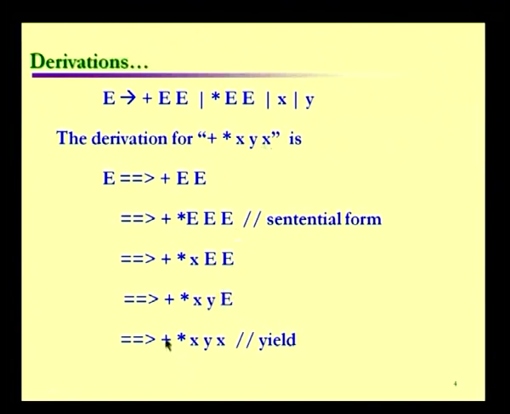So, you will have plus star x y x, which is considered as the yield of this particular derivation. The derivation starts with the start symbol of the grammar, that is E, and the derivation has some number of sentential forms, plus E, plus star E, and finally we have plus star x y x, which is the yield of this derivation.